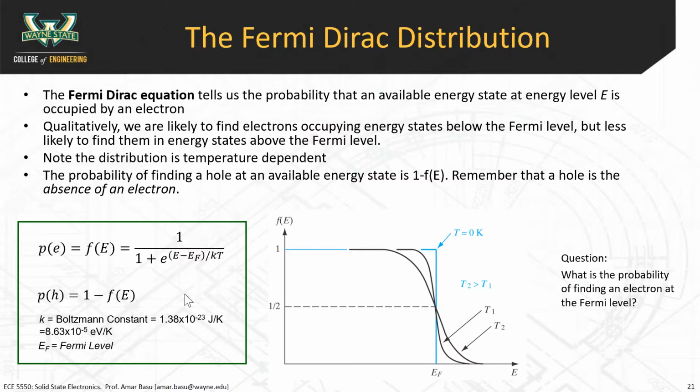So the Fermi-Dirac distribution, without getting into the derivation, has to do with how electrons fill up the energy states available to them. The very simple one-sentence description is that electrons are more likely to be in the lower energy states and less likely to be in high energy states. And this is really a mathematical description of that statement.